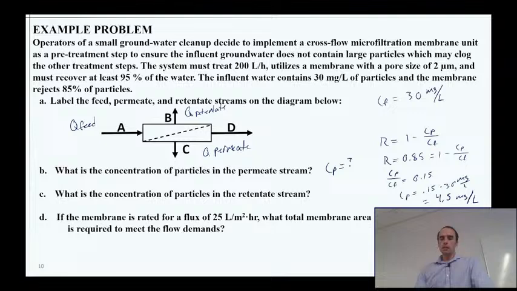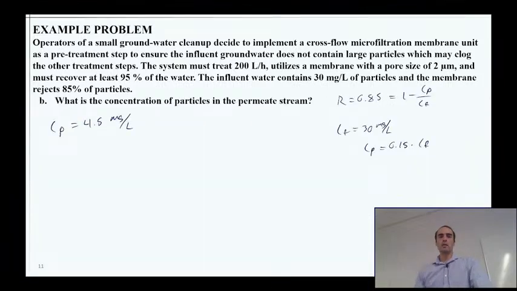And for part B, we have the formula that we have some fraction rejected as R = 1 minus Cp over Cf. The problem tells us it rejects 85% of particles. That should be our R, right? So 85% divided by 100 to put it into a fraction, 0.85.